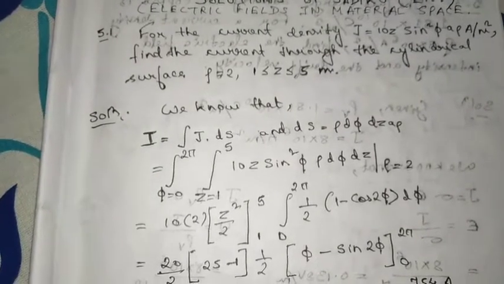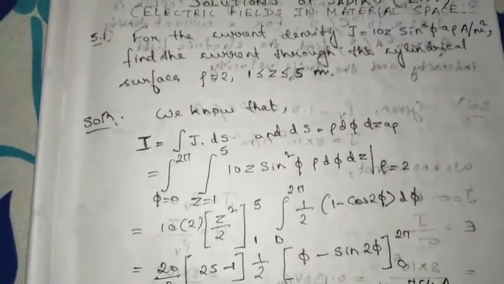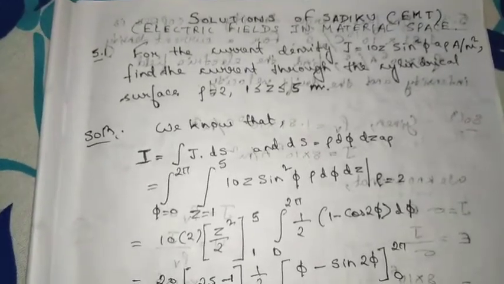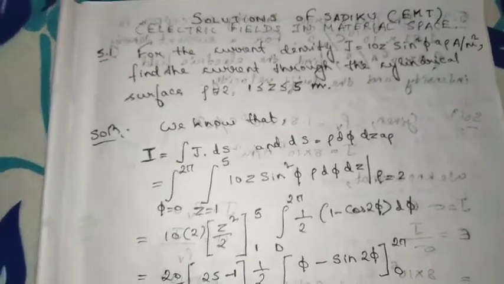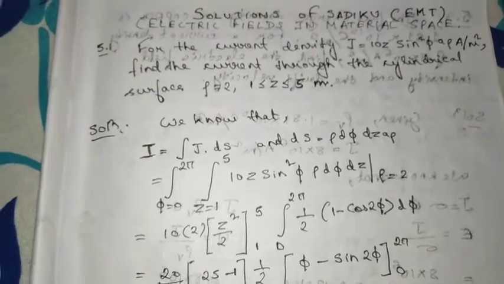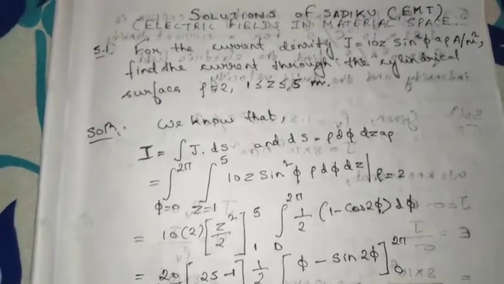According to the cylindrical coordinate system, ds will be rho d phi dz in the a rho direction, and the unit vector is a rho.